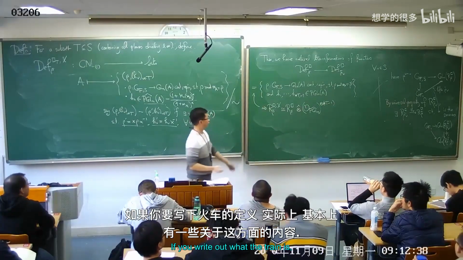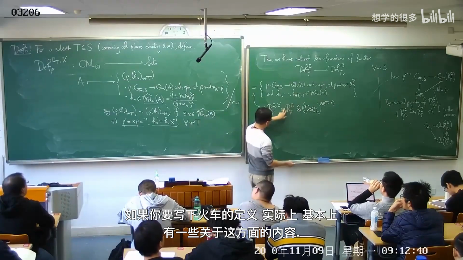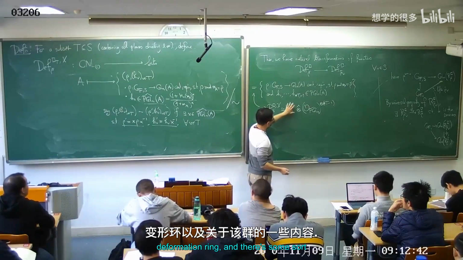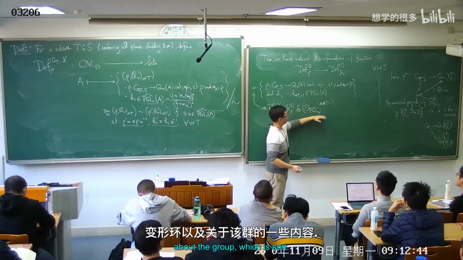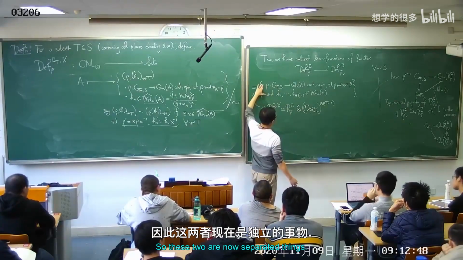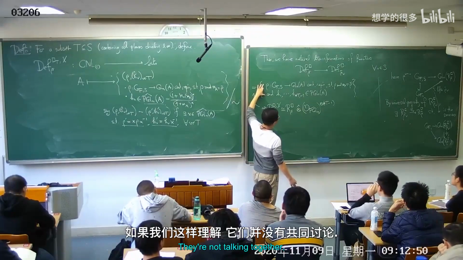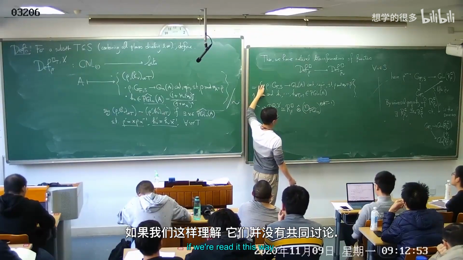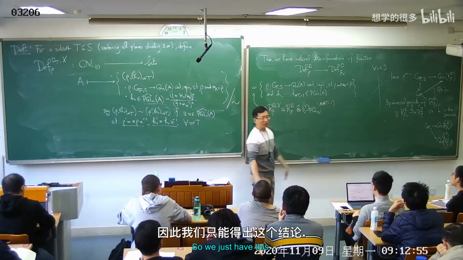If you write out what this ring is, there's something about the deformation ring, and something about the group, and these two are now separated. They're not talking to each other if we write it this way. So we just have this.